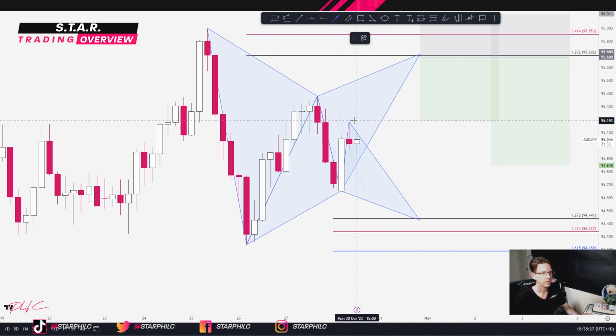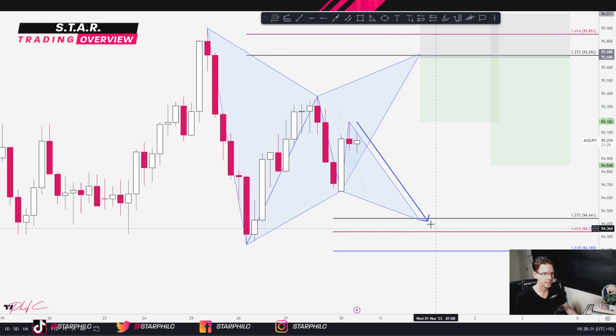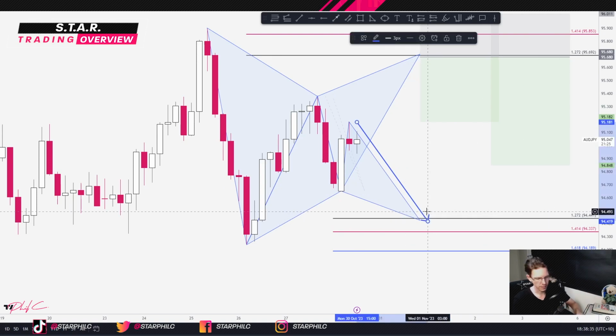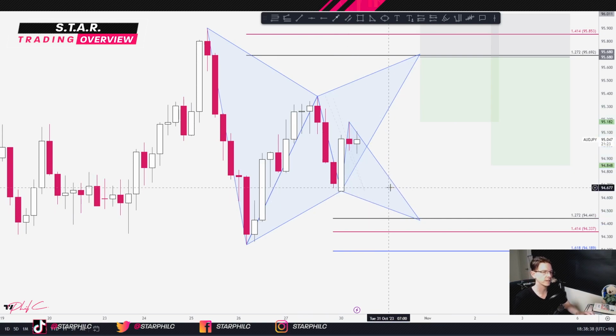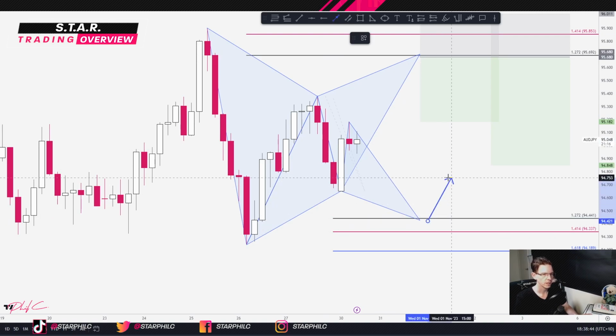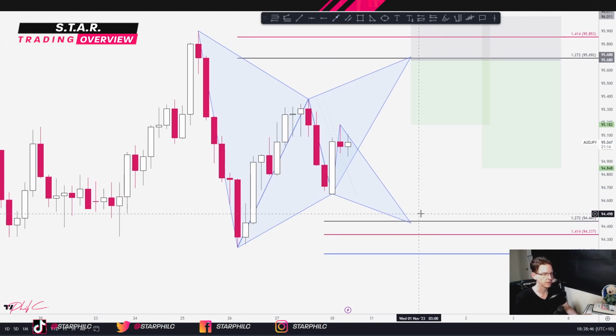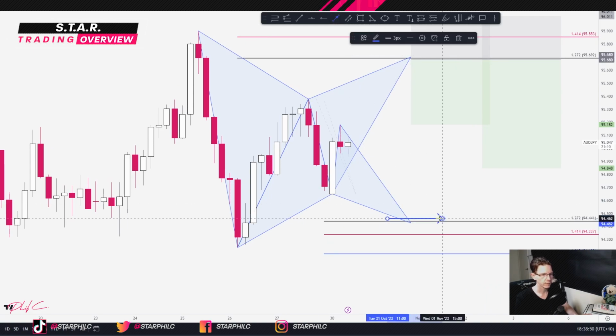Once again, if price action can come all the way down into our CD completion at the 127, then we have all conditions met, and the criteria right here is a valid Gartley pattern towards the upside. Price action comes down, hits the 127, we are going to look to buy it up. Okay. Entries at the 127, stops below our X point looking left. Okay.